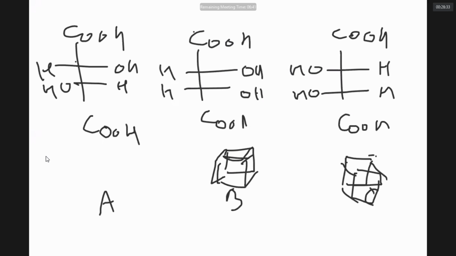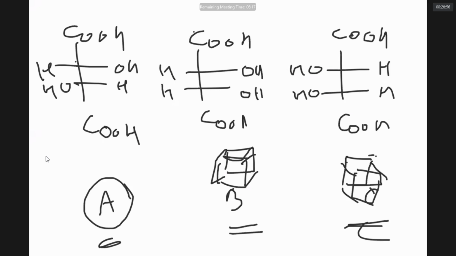This is the object, this is the image. A pair of crystals look like object and image. The third variety looks different. The type A tartaric acid is optically inactive. It is not rotating plane polarized light. B and C: B rotates clockwise and C rotates anti-clockwise.